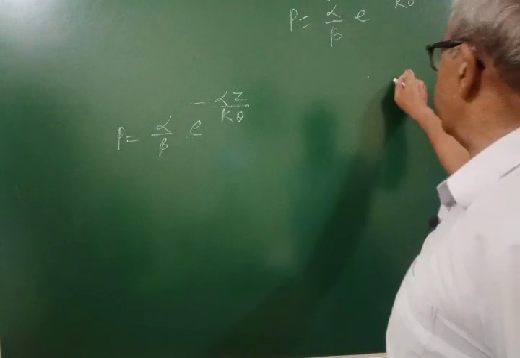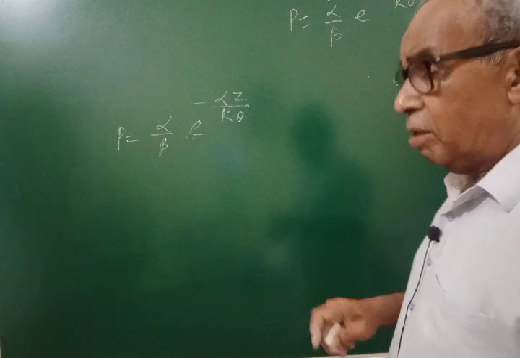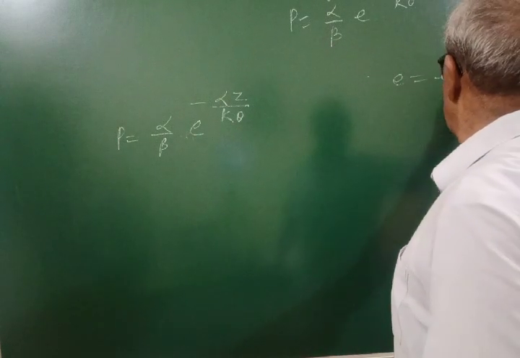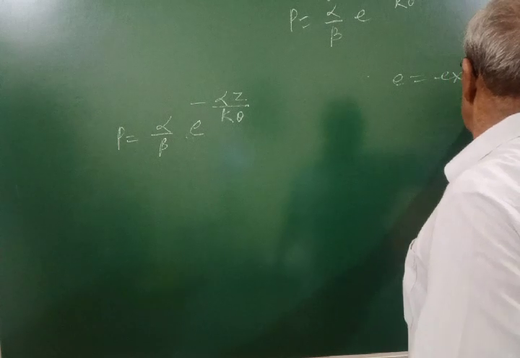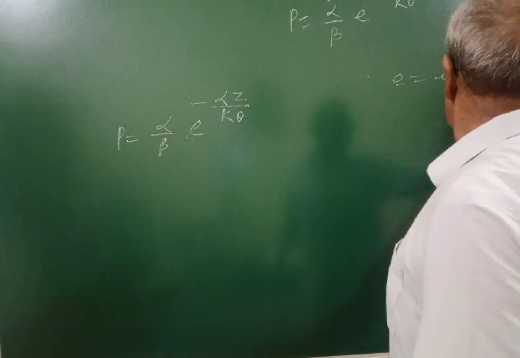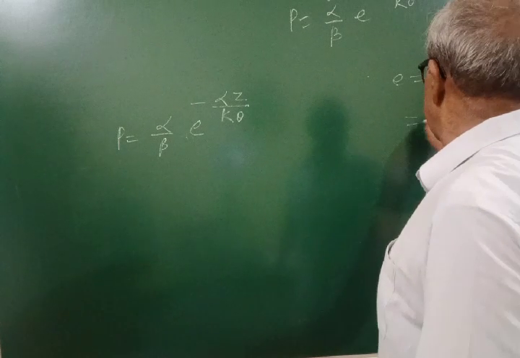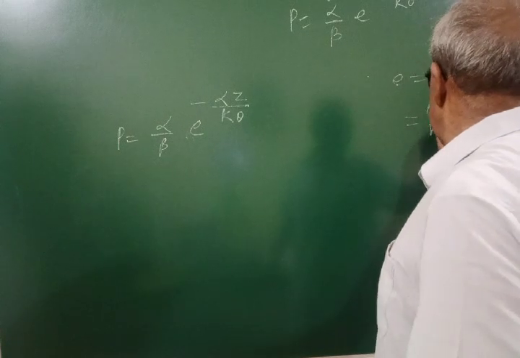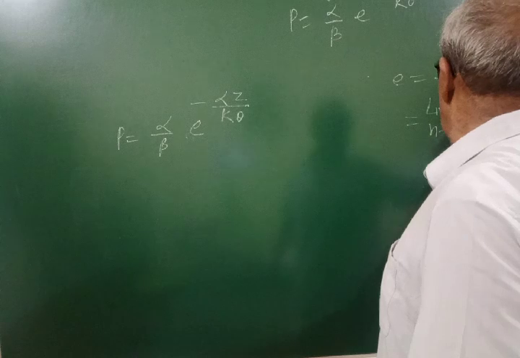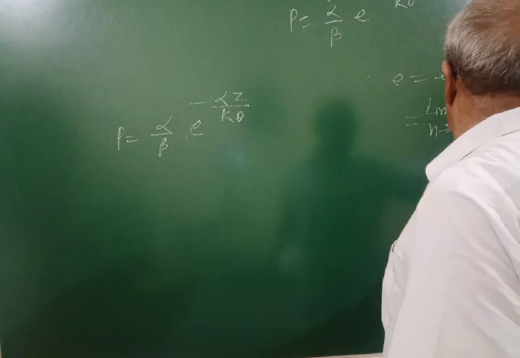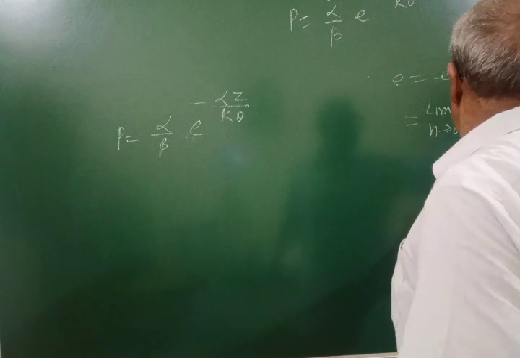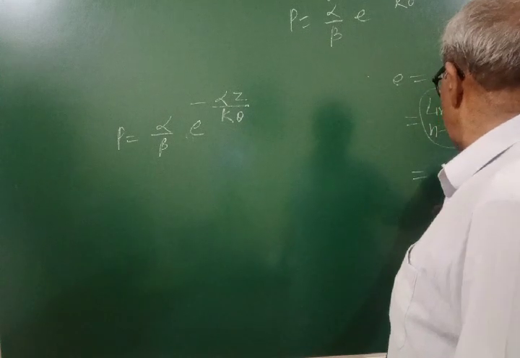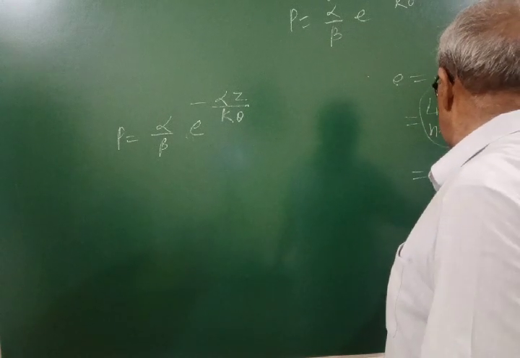There I have explained what is E. In fact, E is an exponential series, and that is limit n tends to infinity of 1 plus 1 upon n to the power n, and finally it comes out to be 2.718.